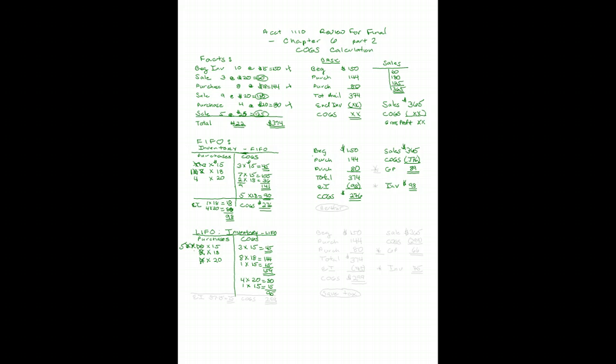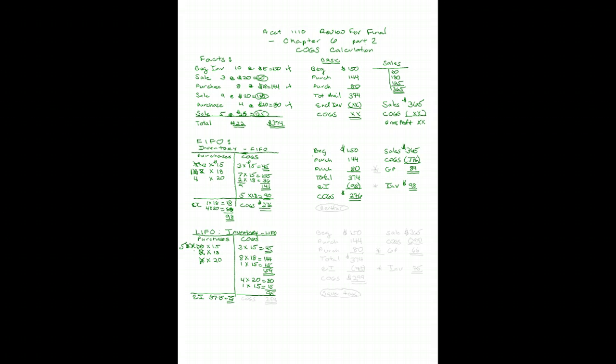I'm just not going to make this one-page thing, am I? Maybe. We'll see. So where are we? In ending inventory, I have 5 units at $15 each. 5 times 15 equals $75.